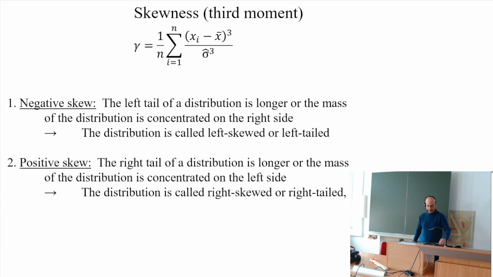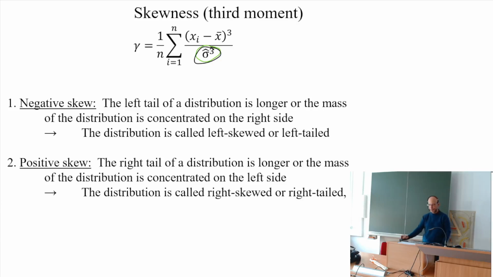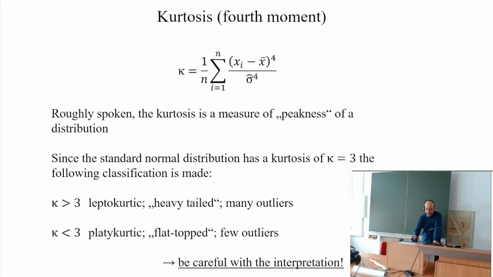Well, why are we calculating the skewness relative to the third power of the standard deviation, or the kurtosis with the fourth one? This means that we always want to normalize these numbers, and then we can interpret them.